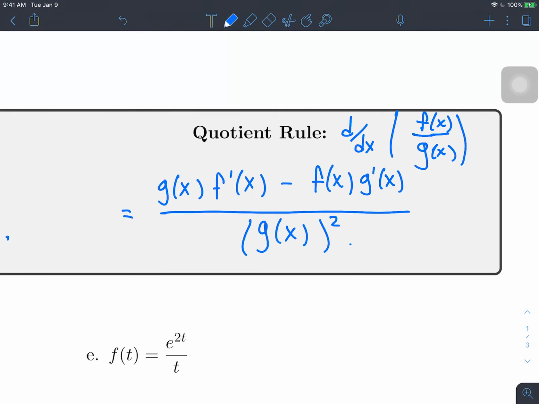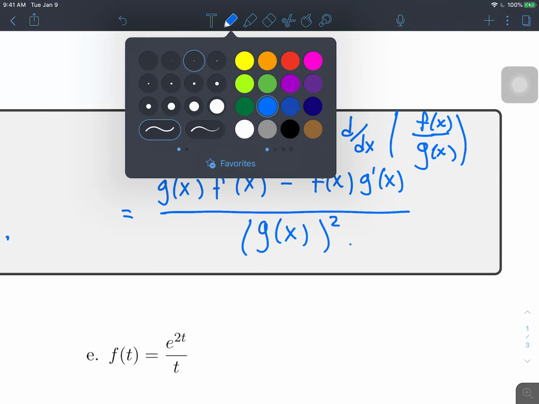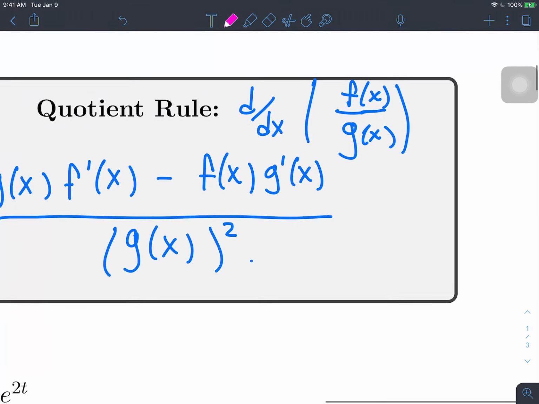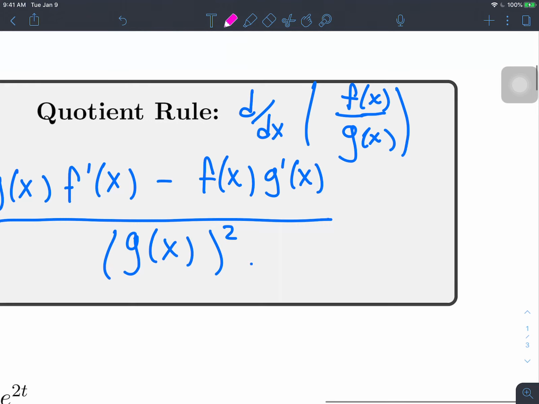There are ways to remember it. The one that I hear the most often is people call this bottom function low for being lower than the other one, and they call this top function high.